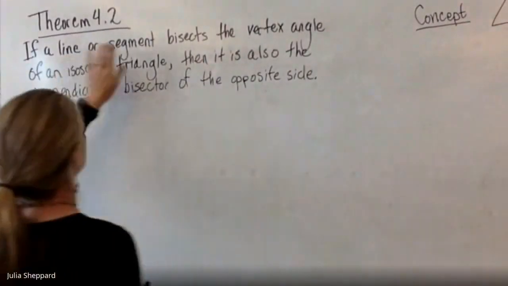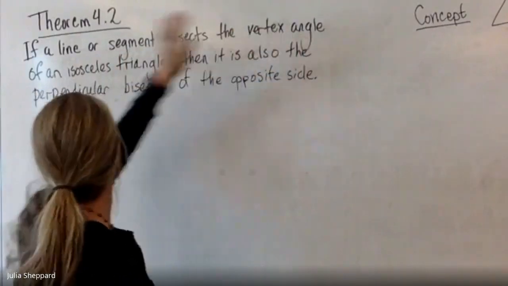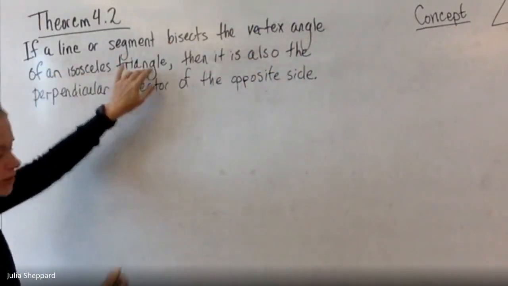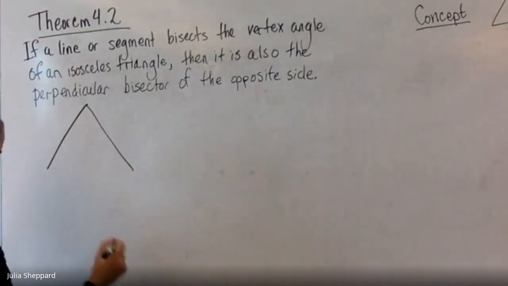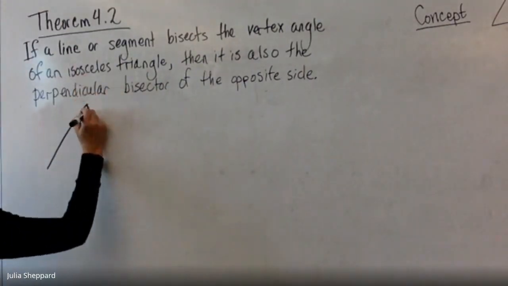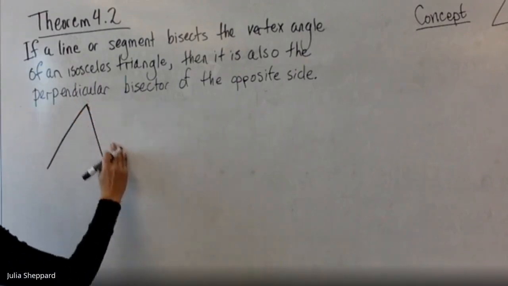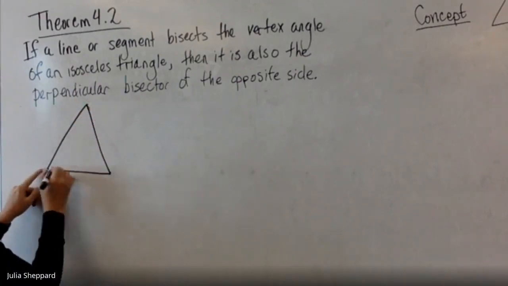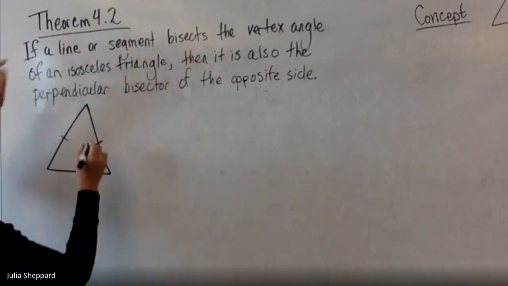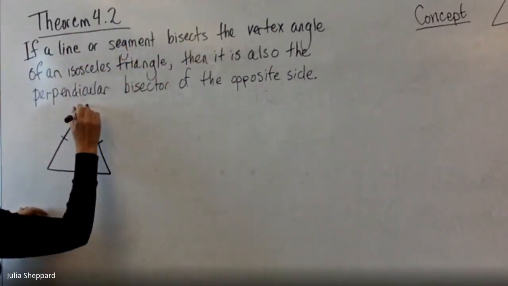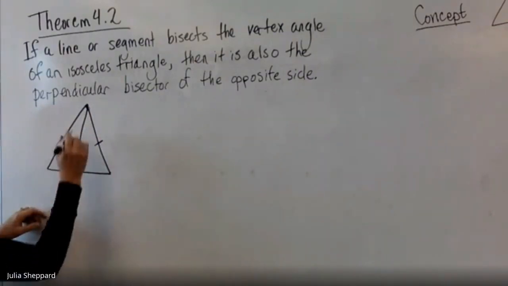All right, theorem 4.2. If a line or segment bisects the vertex angle of an isosceles triangle. All right, let's get that in an image. I have an isosceles triangle. That looks equilateral. Let's not do that. There. I have an isosceles triangle. And if I have a line or segment that bisects the vertex angle, so that means I'm drawing a line here or constructing it.